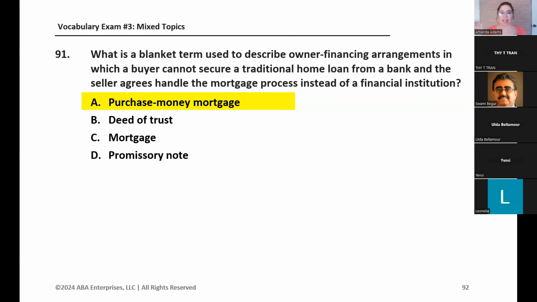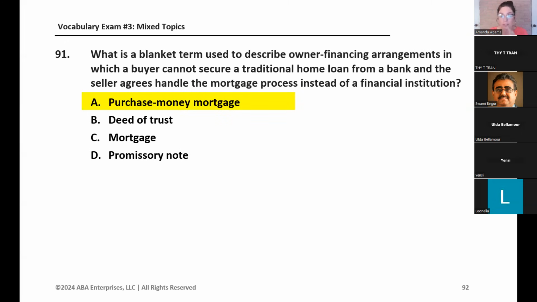Purchase money mortgage. It's also referred to as a deed of trust, not a deed of trust. Let me back up. Land contract, owner financing, seller financing, installment contract, contract for deed, any type of owner financing, seller financing, purchase money mortgage, they all go together. Owner financing is one of those areas that's not well defined.